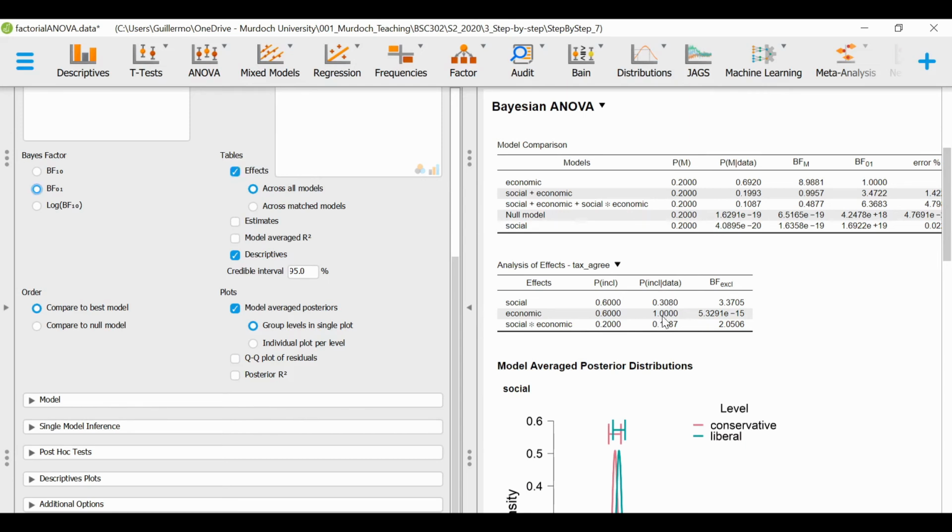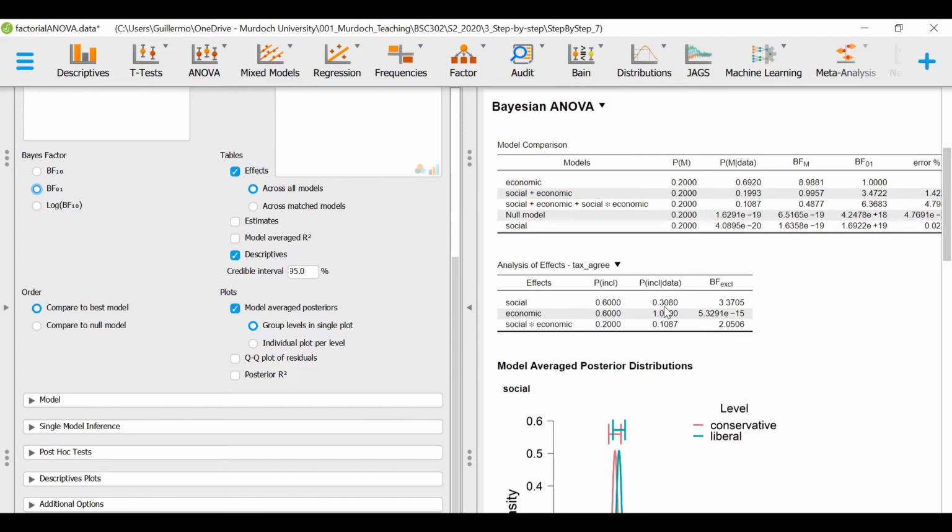What this does is add the posterior probabilities of the models in which the variable is present.